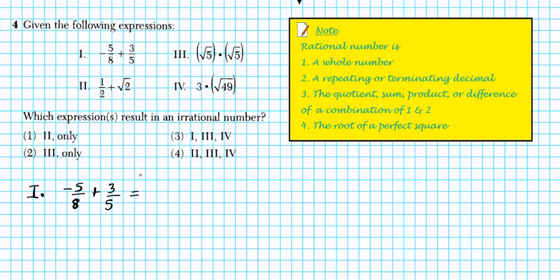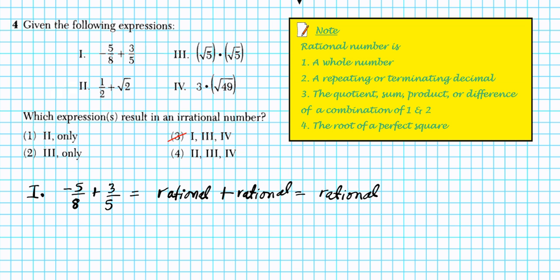So for option 1, we have a sum of two rationals, rational plus rational. And guess what? Anytime you add two rationals together, you always end up with a rational. So option 1 is not irrational. So we can eliminate option 1.